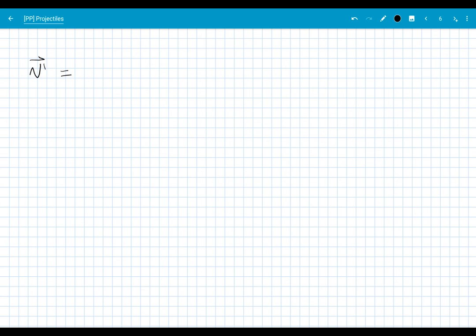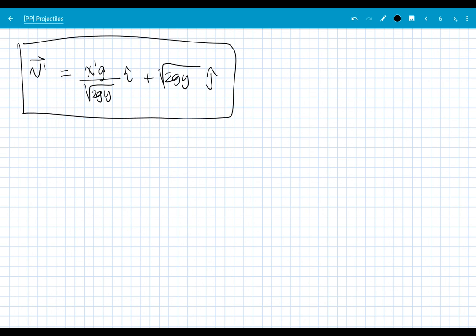I use brackets in the written solution, so I'll use IJK here. So I could write that as x prime g over root 2 g y prime i hat plus root 2 g y prime j hat. And that is my launch velocity.